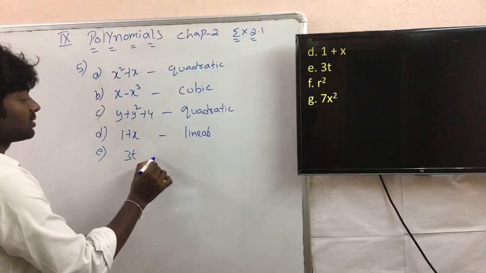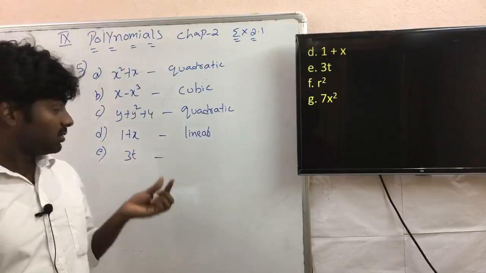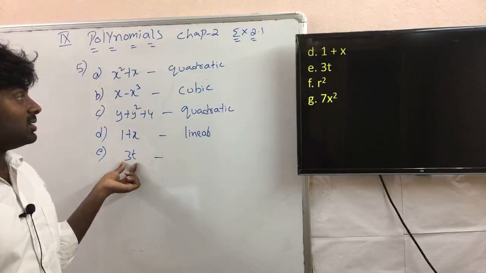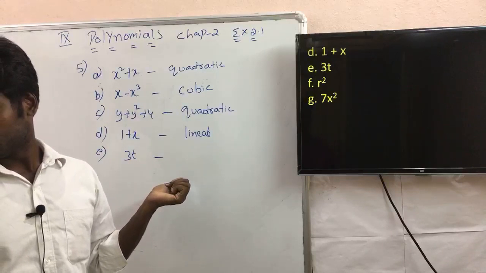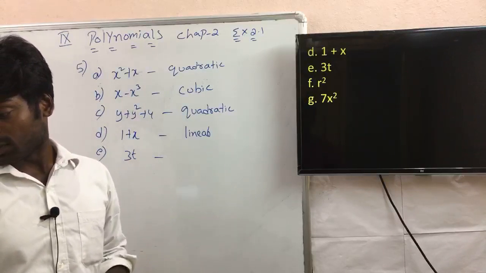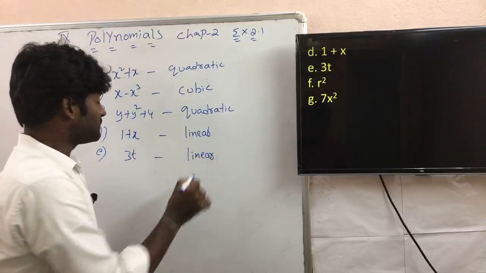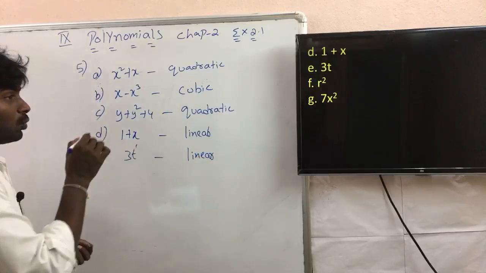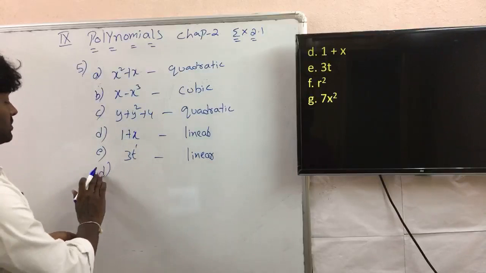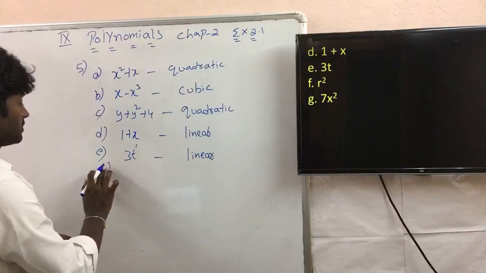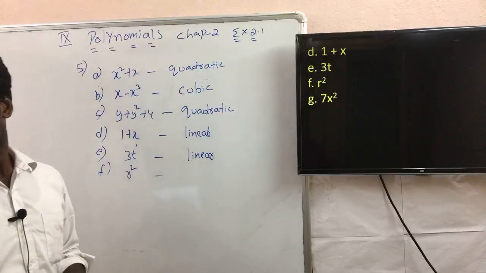Now 3t. 3 into t. Is it linear, quadratic or cubic? Yes, it is also linear polynomial because we have only degree 1. Highest power is 1. Next one, r square.